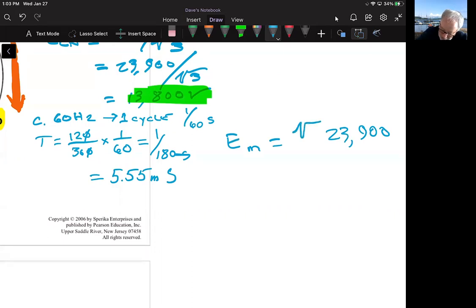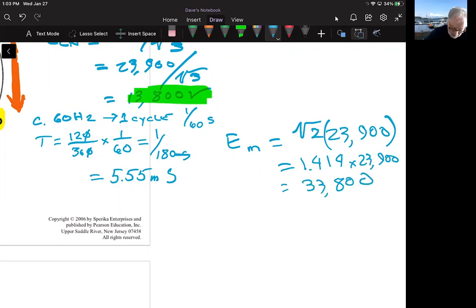If I want to know the peak value of that, I multiply by the square root of 2, or 1.414 times 23.9, and a peak value of 33,800 volts would be the number that I'm looking at there. Okay, very good. All right, so what we're saying is the peak or phase-to-phase voltage is always the square root of 3 times the line to neutral voltage.